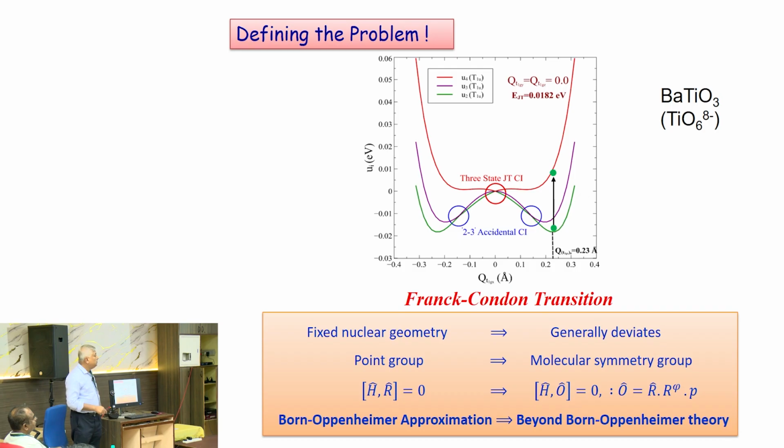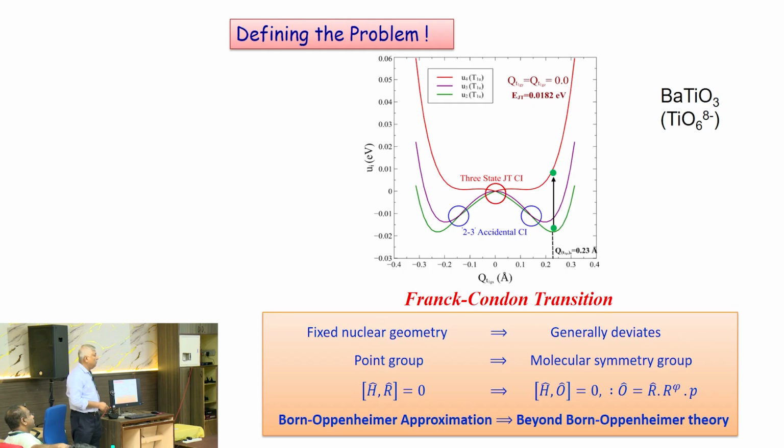If you go around, you will get D3h, this is C2v, and they split like that. Now let's say at that geometry, you want to excite the molecule from the ground to the excited among the split states, this degeneracy is only at the equilibrium, then what happens?